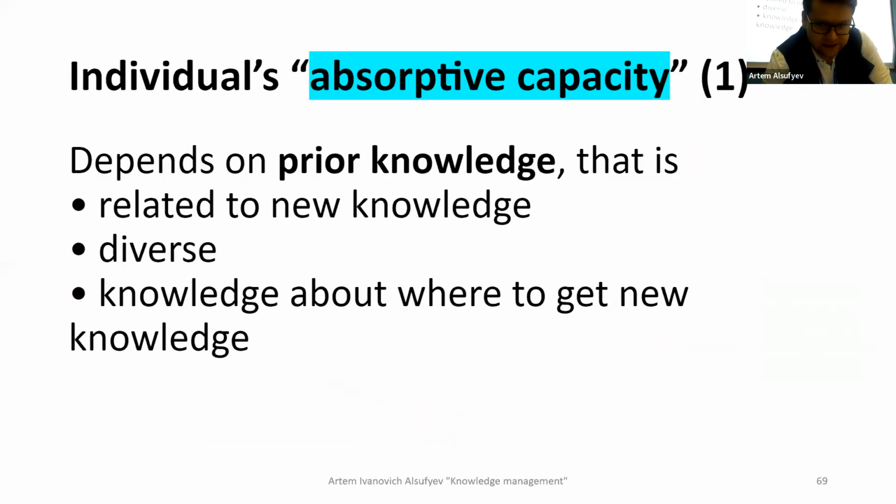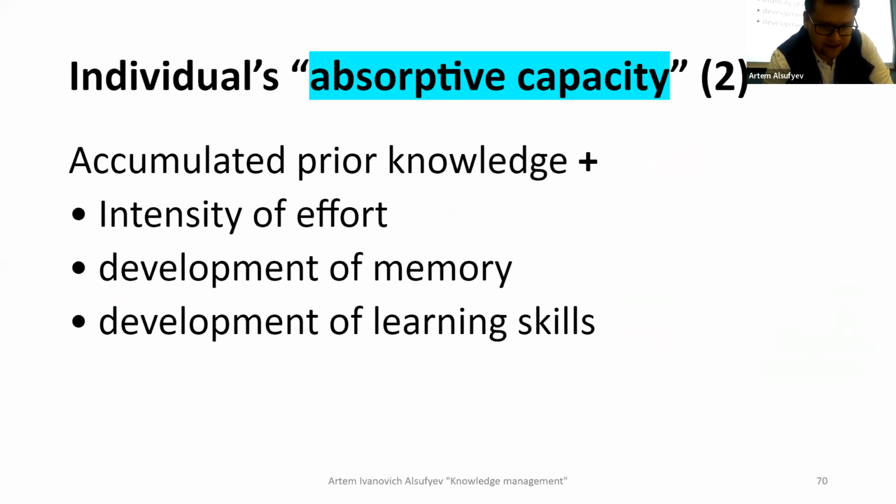As for knowledge acquisition, as for absorptive capacity, what is important there? Accumulated prior knowledge. The idea is that we have absorptive capacity, the ability to understand valuable external knowledge and assimilate it in order to increase our performance in different ways.